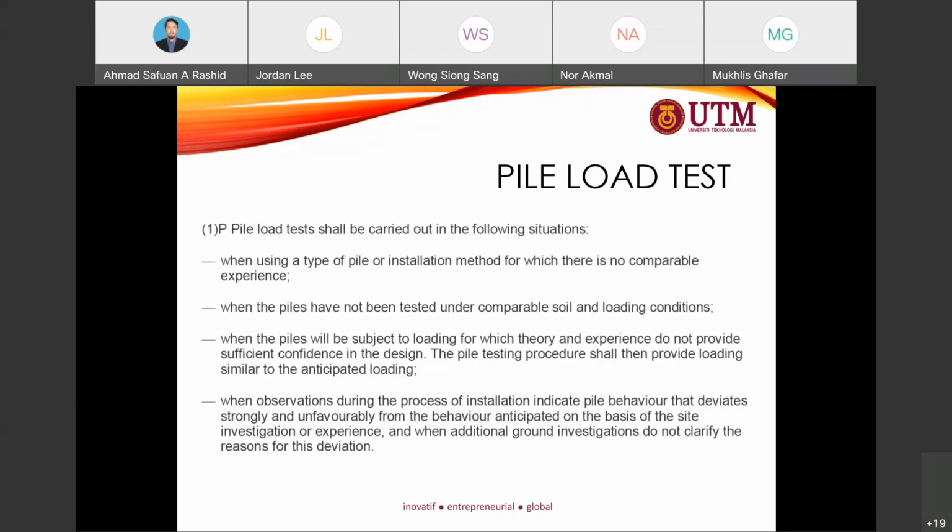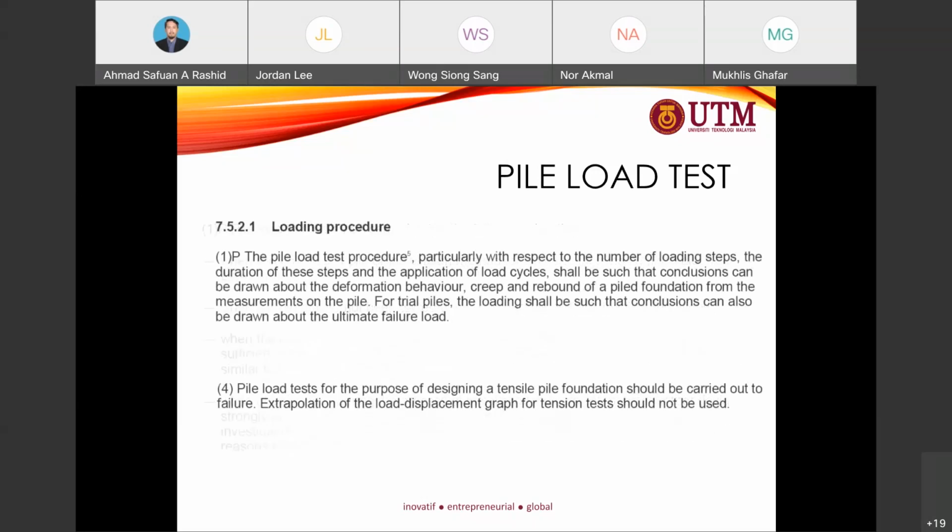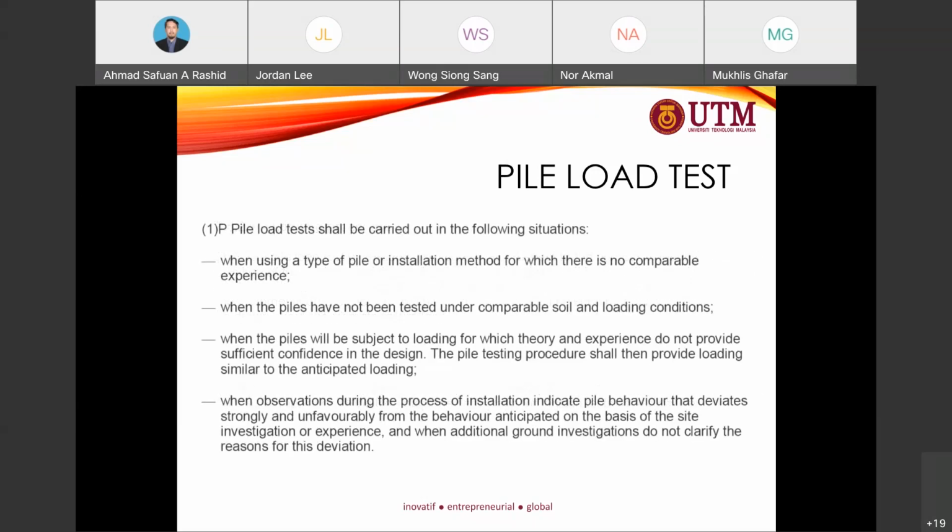When the pile will be subjected to loading which theory and experience do not provide sufficient confidence in the design, the pile testing procedure should then provide loading similar to the anticipated loading. And when observation during the process of installation indicates pile behavior that deviates strongly and unfavorably from the behavior anticipated on the basis of the site investigation or experience, and when additional ground investigation does not clarify the reason for this deviation.